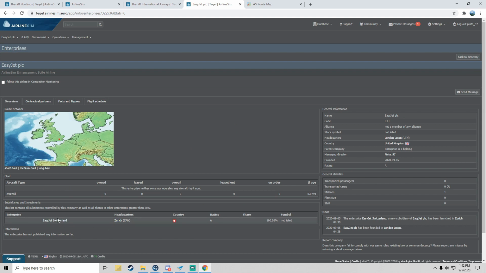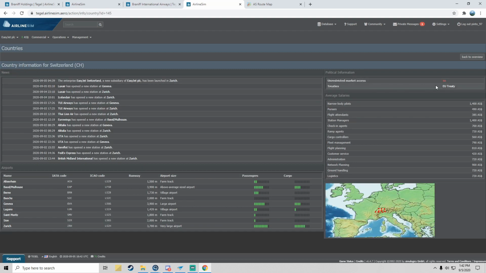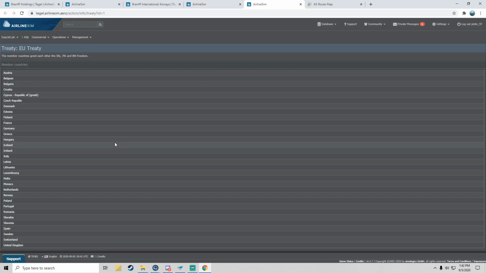Well, that's not in Great Britain. Well, here's why. It has the EU treaty. Now, while it says unrestricted market access, you can actually open up an airline in any EU treaty country as long as your airline is initially based in the EU treaty country.